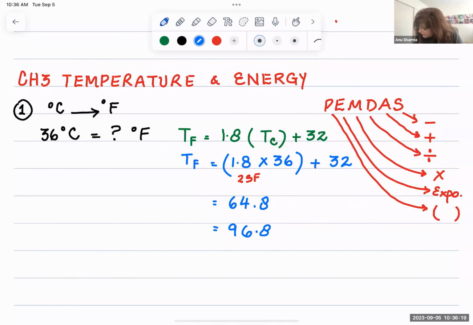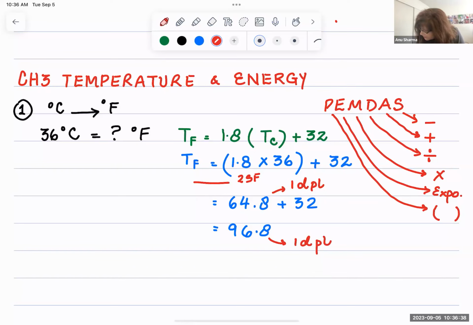And here you get 96.8. Now here's the thing. This is one place after the decimal. Whenever we are doing addition, the final answer should have one decimal place.